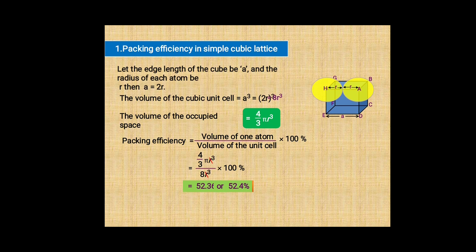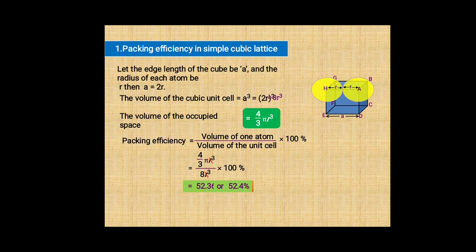Packing efficiency will be equal to volume of one atom, because it is a simple cube, to the volume of unit cell, into 100%. Which is equal to volume of one atom, 4/3 πr³, over volume of the unit cell, 8r³, into 100%.